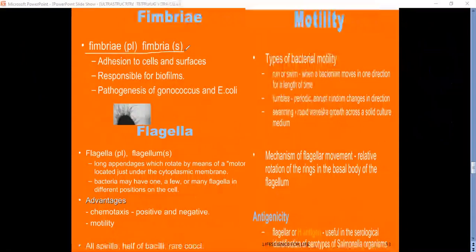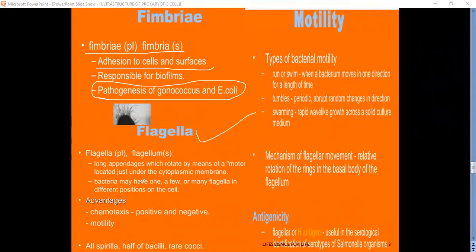Fimbriae, which are smaller than pili, are for adhesion of cells to a surface. They are meant for attachment, that is, for the bacteria to attach to a surface, and they are also important in pathogenesis. The most important appendages are flagella, which are responsible for movement of the bacteria.